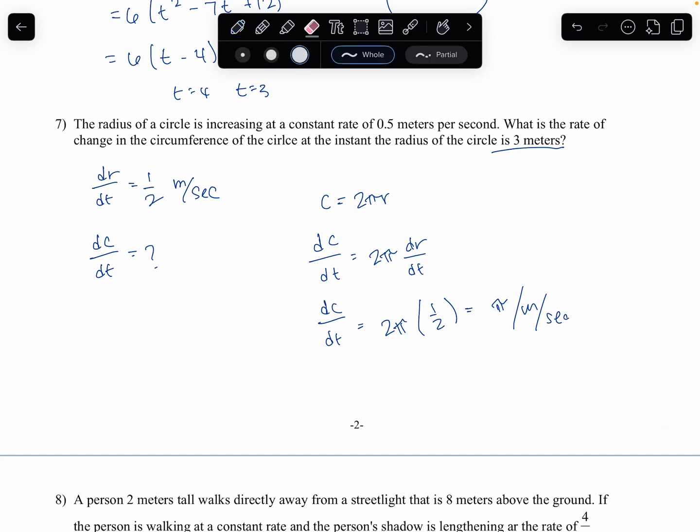So pi meters per second. Now, again, you can kind of see that this didn't really play a role, and it doesn't have to. You don't have to use that, but yeah, it's irrelevant to the rate of change of the circumference.